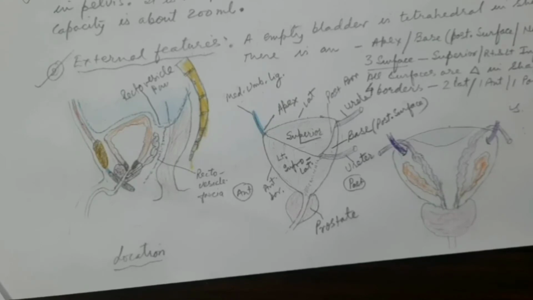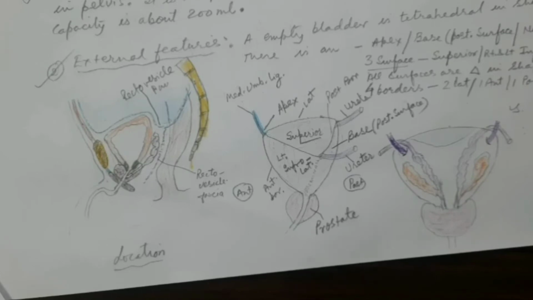The puboprostatic ligament goes from the pubic bone towards the prostate, and it goes to the base or neck of the urinary bladder, hence called the pubovesical ligament. All these relations, surfaces and borders are true when the bladder is empty and tetrahedral in shape, where almost every surface is triangular. The whole organ is triangular.